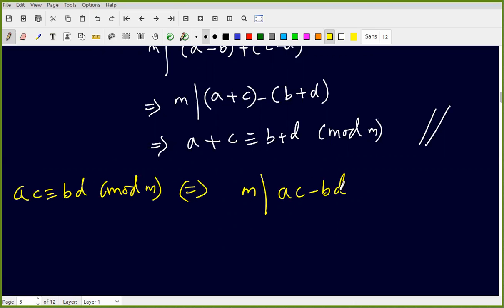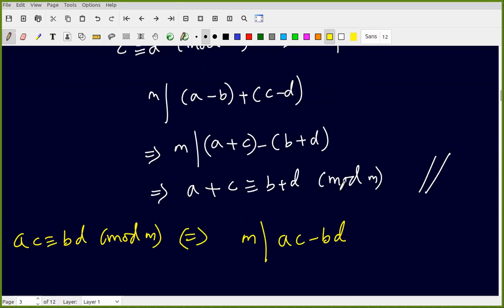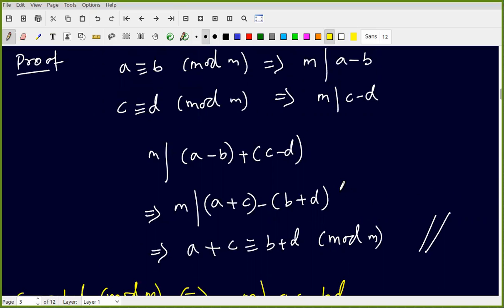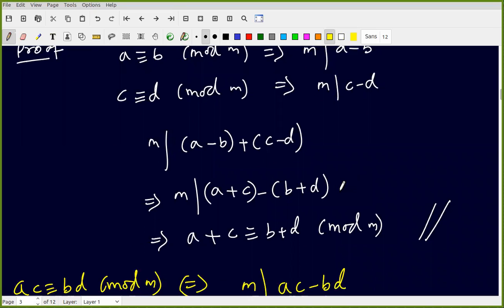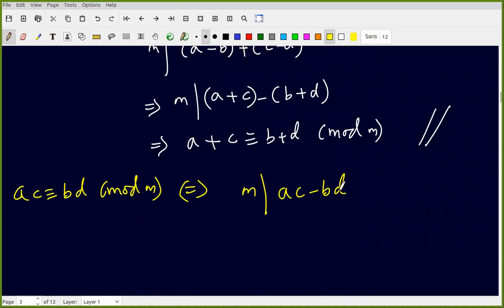Now we need the multiplication AC and the multiplication BD. We know M divides A minus B, and M divides C minus D.